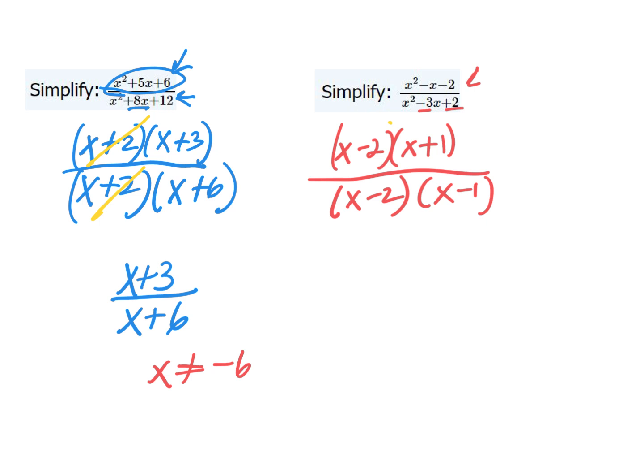And so once again, we've got a common factor, and then we are going to be left with x plus 1 over x minus 1. Same thing as the last one we did. We cannot take and cross anything additional out. These are groups, and x plus 1 can only cancel with another x plus 1, and an x minus 1 can only cancel with another x minus 1. We do need to say that x cannot equal 1 in this particular problem.